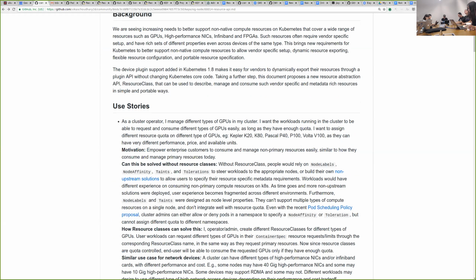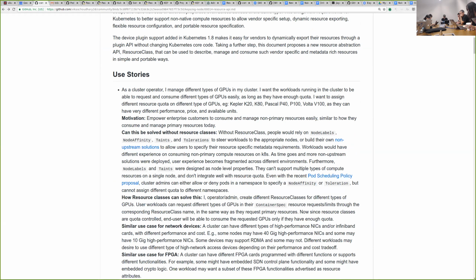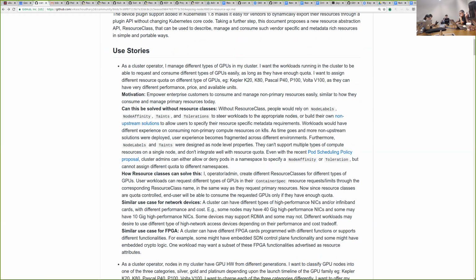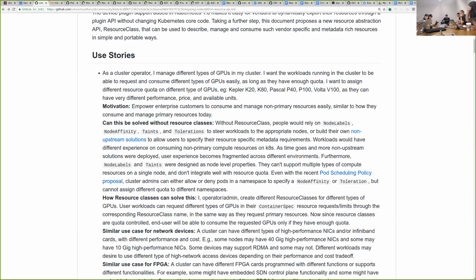We didn't create any slides, so I will just go through the KEP, starting from the user stories. Make the size bigger if people cannot see that.